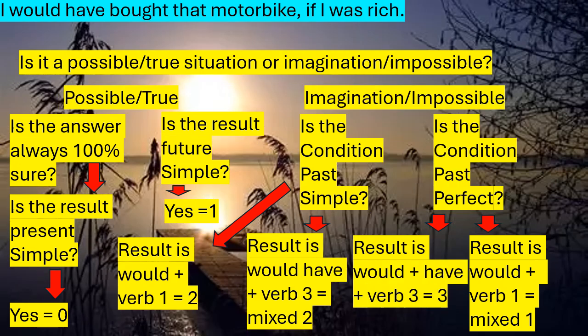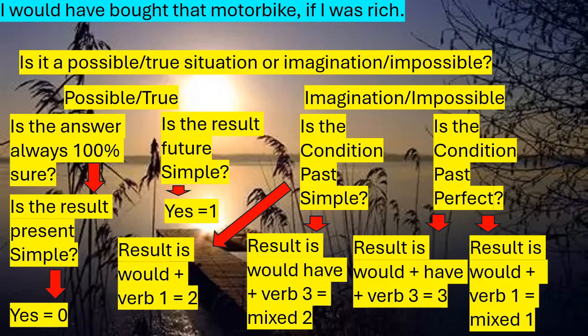Next one. I would have bought that motorbike if I was rich. Is it a possible or true situation, or is it imagination and impossible? So we have to be a little bit careful this time because the condition is if I was rich, and it's at the end. The result, I would have bought that motorbike, is at the beginning. So if I was rich, we're talking about the past.